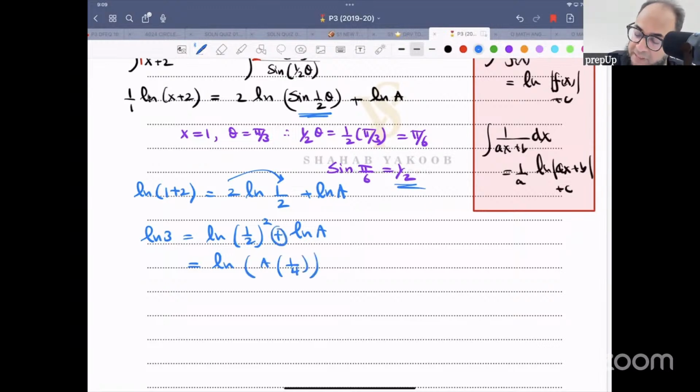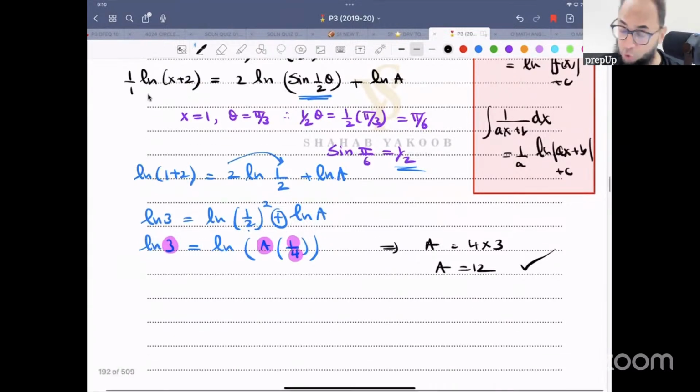Plus means multiplication, and this thing over here is 1/4. This is ln of 3. Now I can comfortably say that ln of 3 equals a into 1/4. In other words, a is equal to 4 into 3, which comes out to be 12. So the value of a is 12.